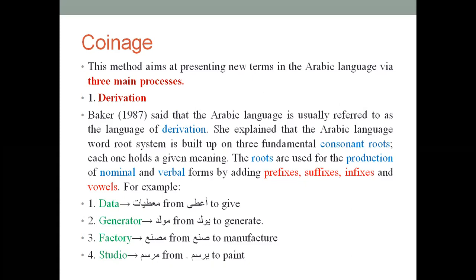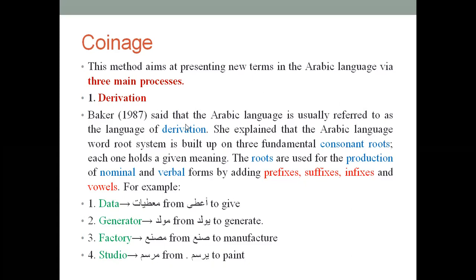So Arabic is the language of derivation, and we should make use of this feature to invent new items for English scientific terms.